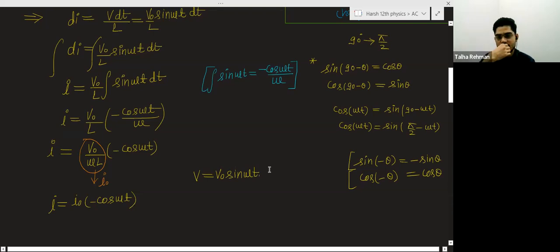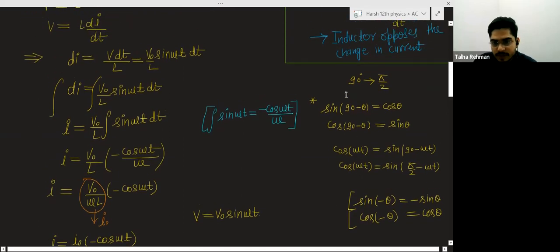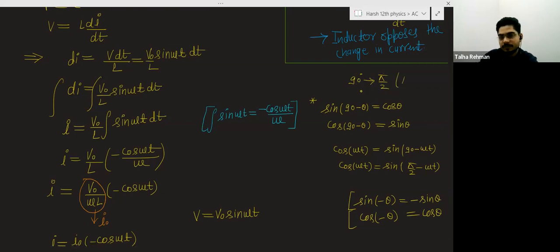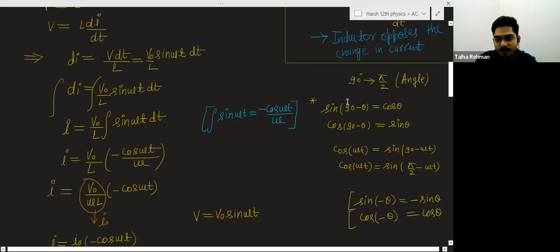Now what we will do? See, 90 degree in radian is pi by 2 for angle. Remember this point. After that, you have to remember sin 90 minus theta can be written as cos theta, or cos 90 minus theta can be written as sin theta.